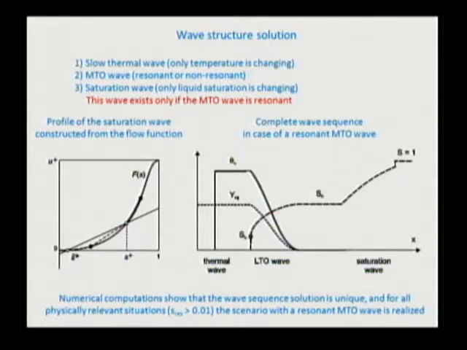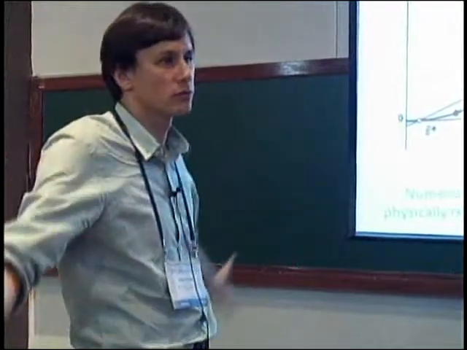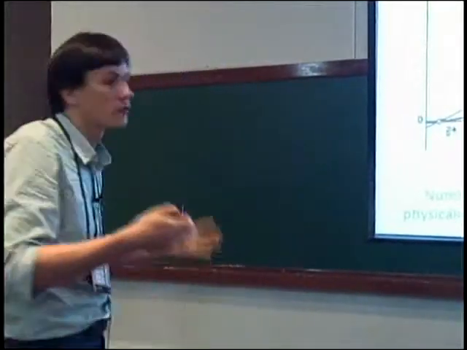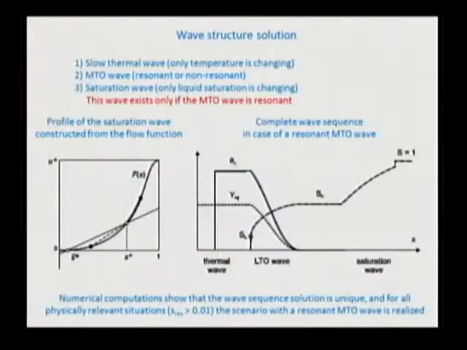Next, we know the structure of the combustion wave. Now let's see what the whole solution looks like. We need to solve a Riemann problem. This was done, and we showed that the problem has a unique solution as soon as the saturation of oil is bigger than this 1%.